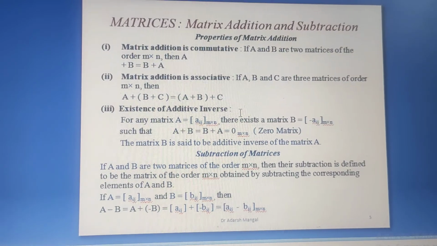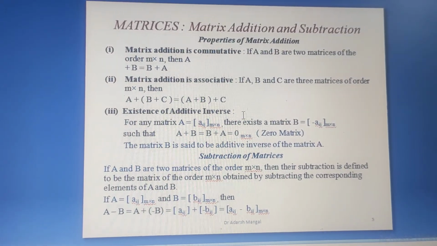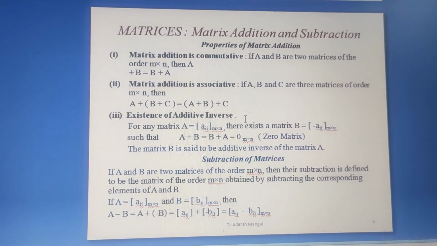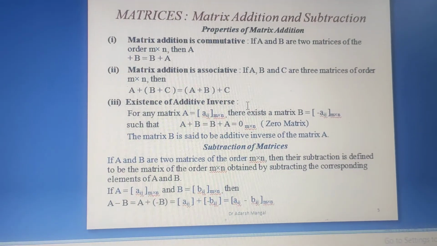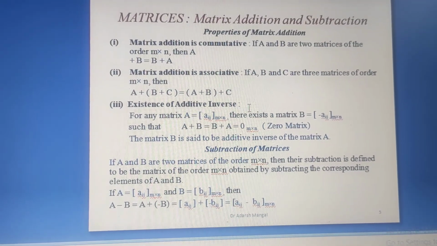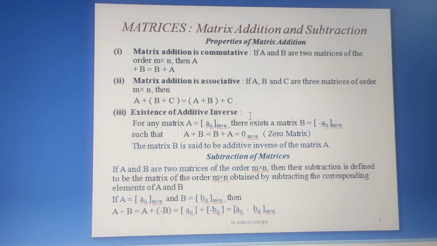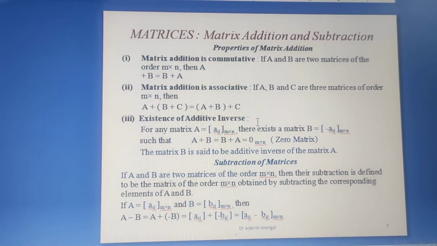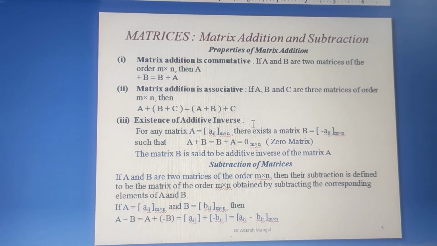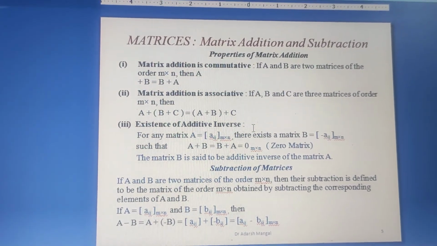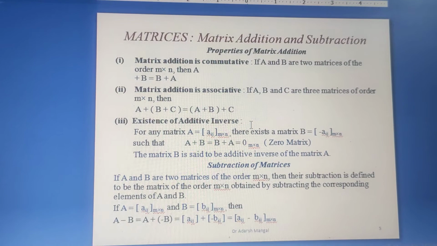Now, existence of additive inverse. For any matrix A, there exists a matrix B, that is minus Aij, such that if we add A to B or B to A, then we get the null matrix.